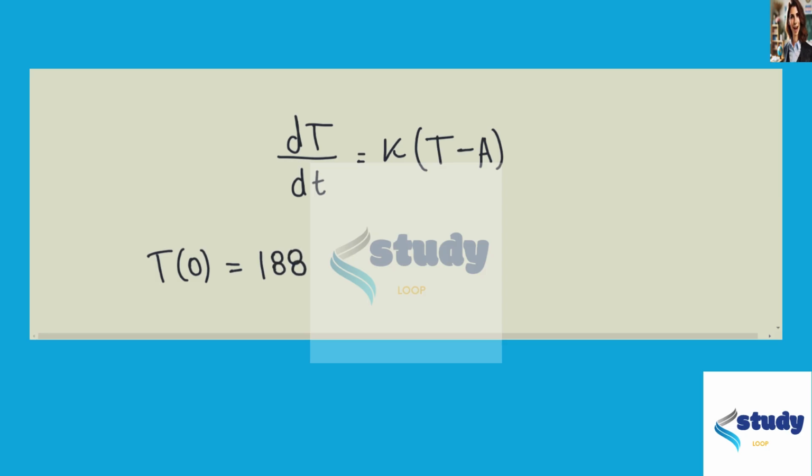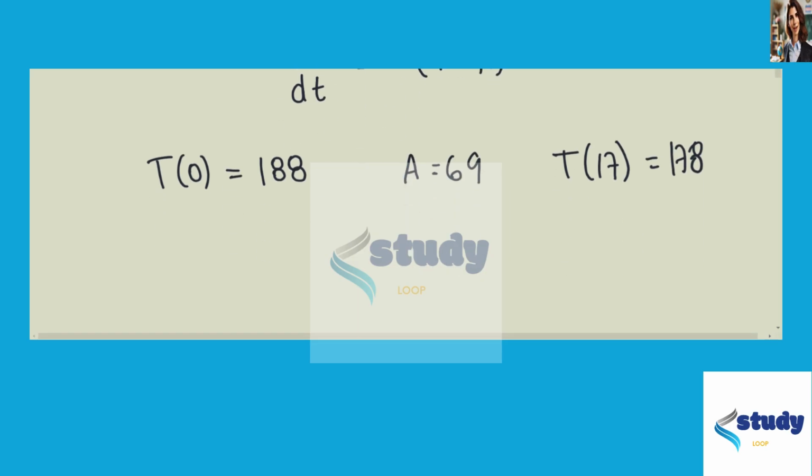We are also given that the ambient temperature is 69, and the temperature of the cup of coffee after 17 minutes is equal to 178 degrees. And the question in this problem is to find the time when the temperature of the cup is equal to 164.